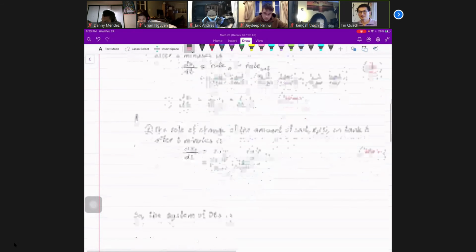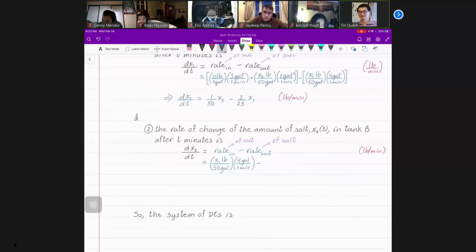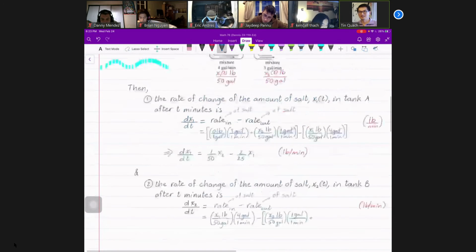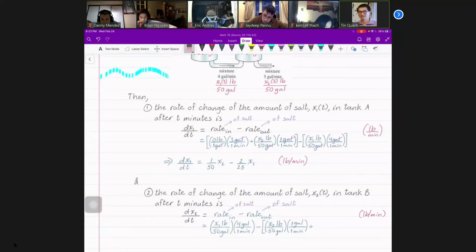So x sub 2 over 50 pounds. It's a good habit to write the units every time, so you can know whether you got it right or not.